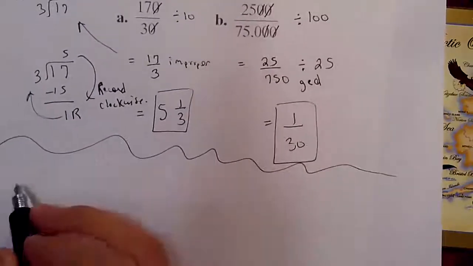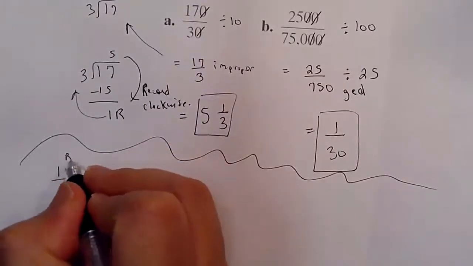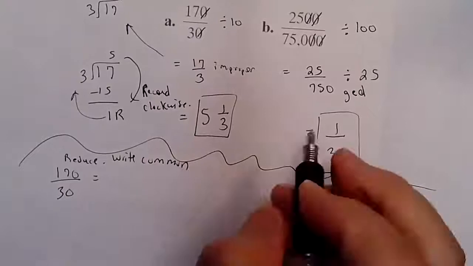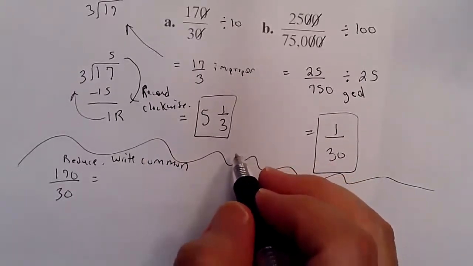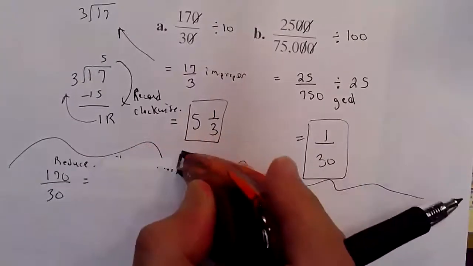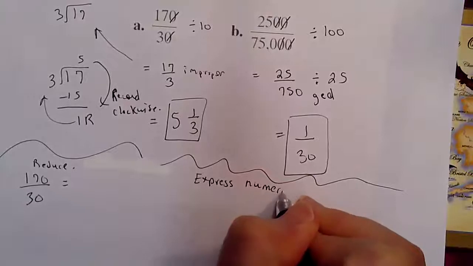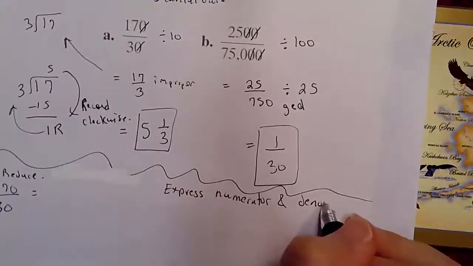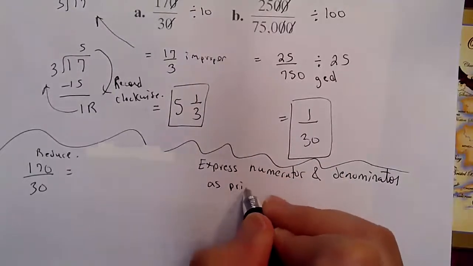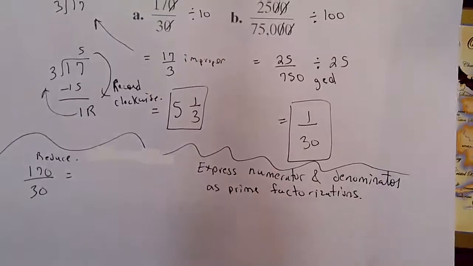So if I had that 170 over 30 like we have here, if I wanted to reduce, I want to express numerator and denominator as prime factorizations. We could also do that.